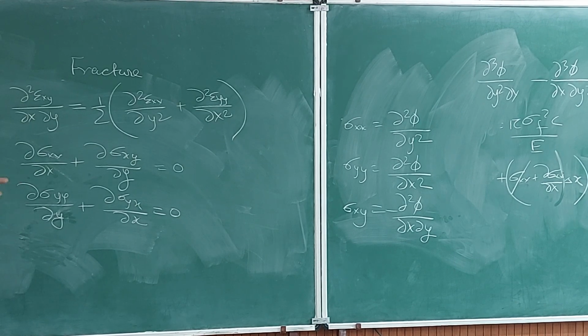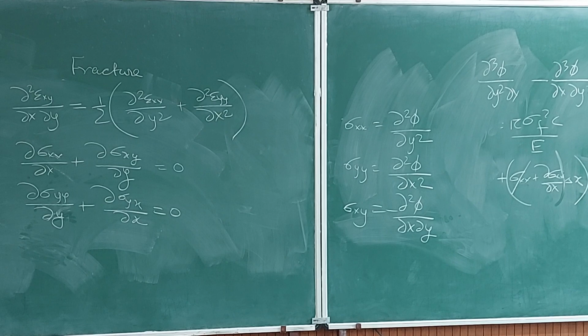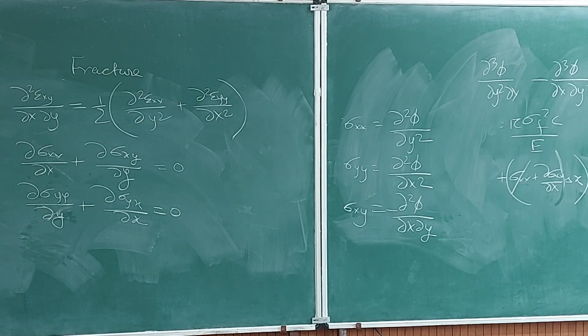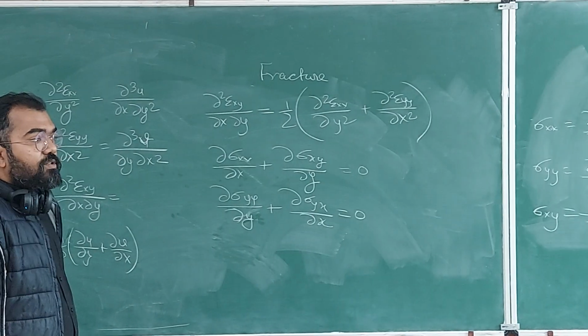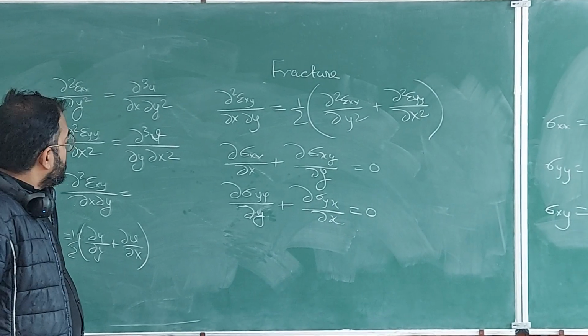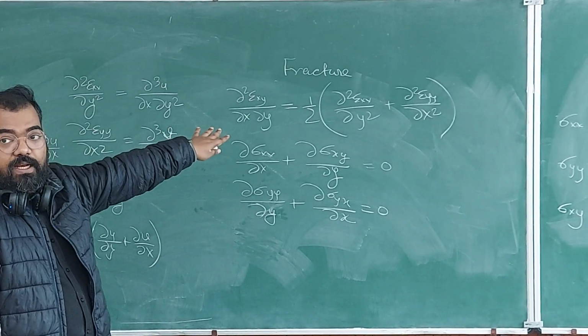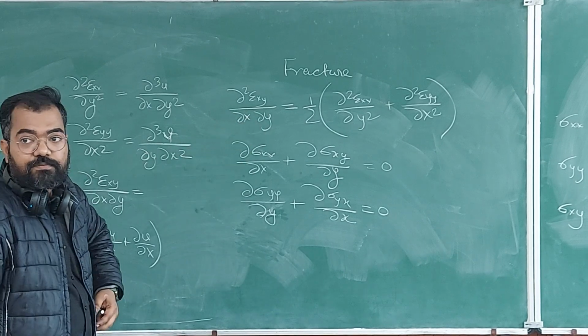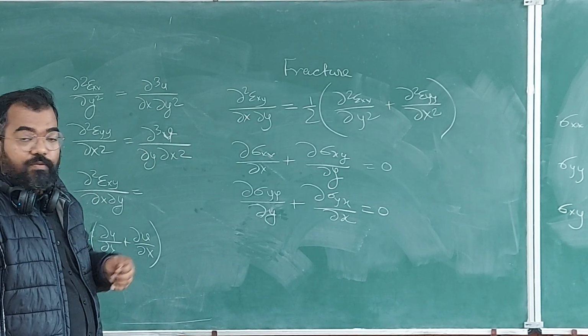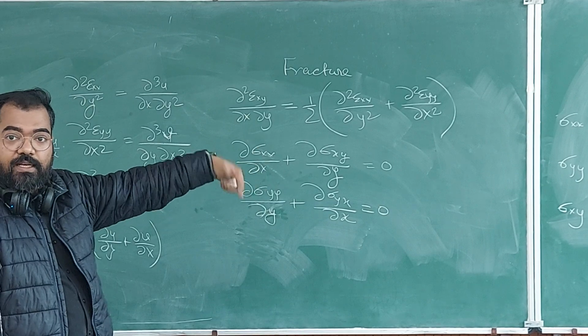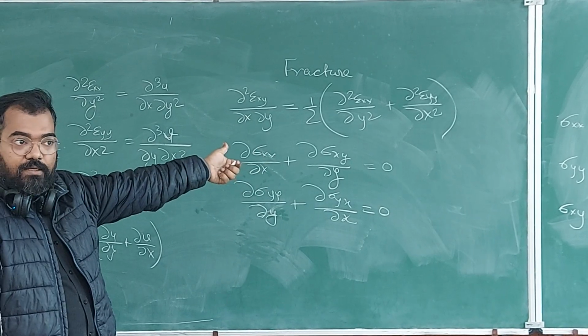And you will also see in the next class, because that derivation is a little different, that the strain compatibility equations will also be satisfied with a similar function. For elasticity, we have defined it for stress. From stress we can calculate strain, right?